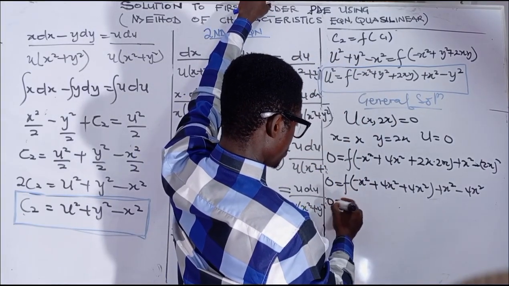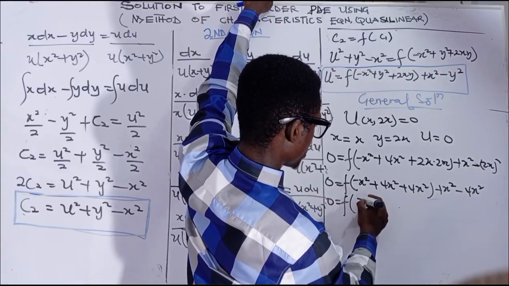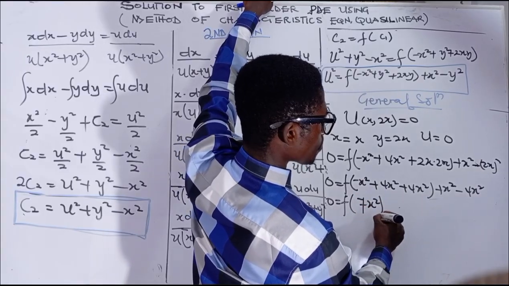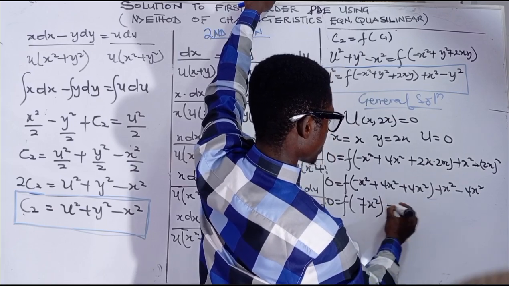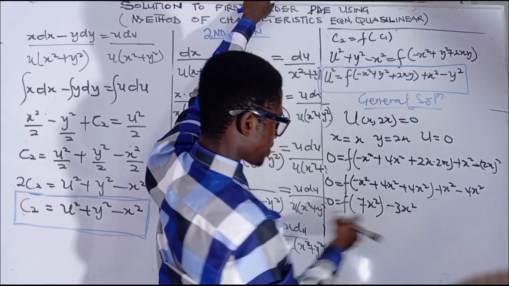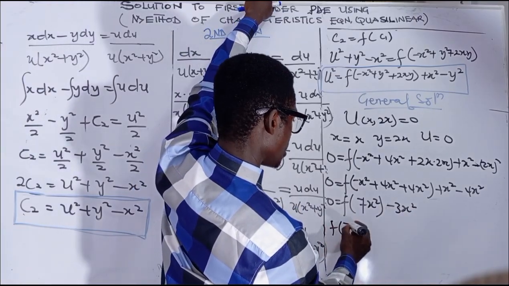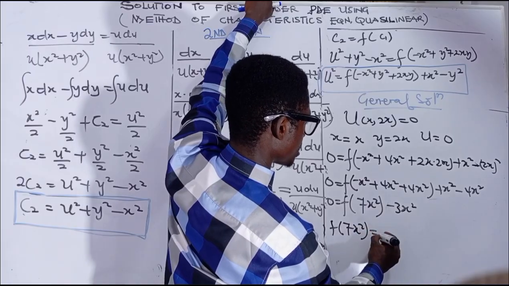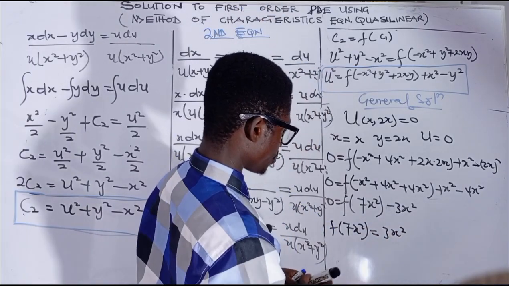So we have 0 is equal to a function of 7x squared, and then we have minus 3x squared. So we can bring the minus 3x squared to the left hand side, so that we have f at 7x squared is equal to 3x squared. Very, very interesting.